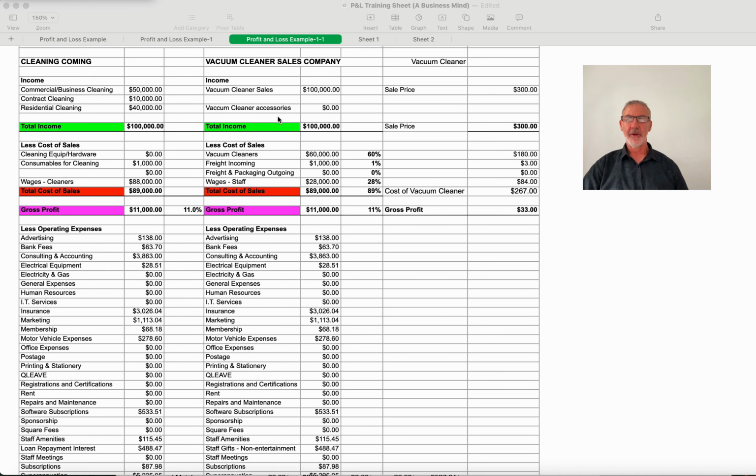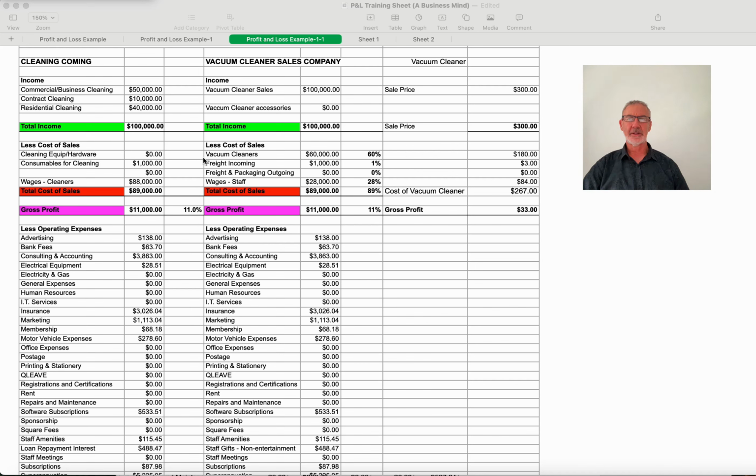If we follow it down after the income, we'll find that the cost to produce that income is up the top here as well. So that's cost of sales. In the case of a cleaning company, the cost of sales includes the cleaners' wages and also any consumables, meaning things like chemicals for cleaning.